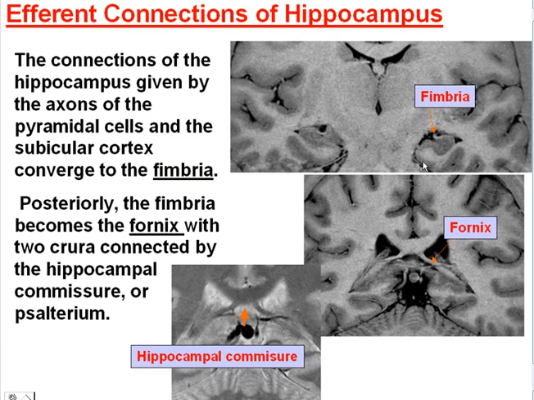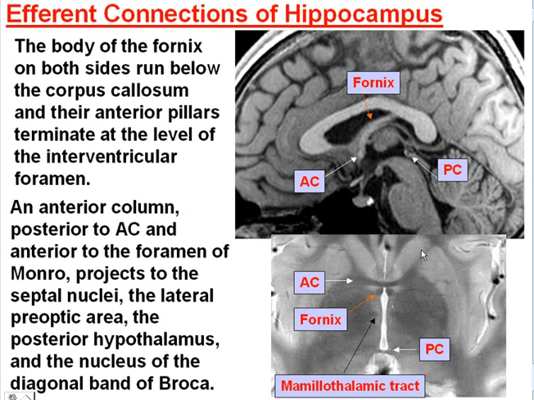This efferent pathway from the hippocampus through the fornix ends up in the region of the mammillary body. There is also the anterior column, which is also from the fornix, ending up in the region of the hypothalamus.